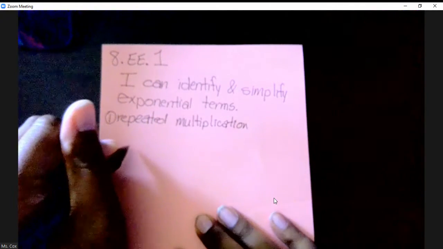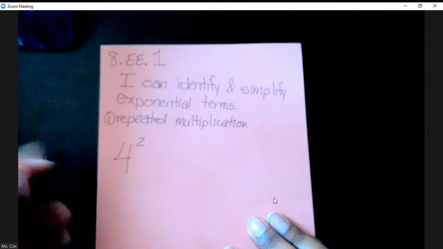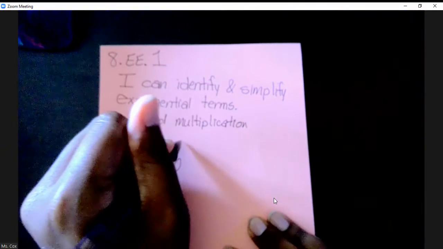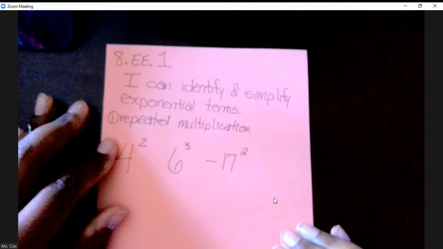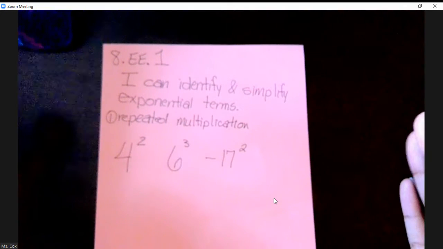So an exponent looks something like this, where you have a larger number and then you have a smaller number. Those numbers can be anything. They can be positive, they can be negative. It does not matter. They can be anything.